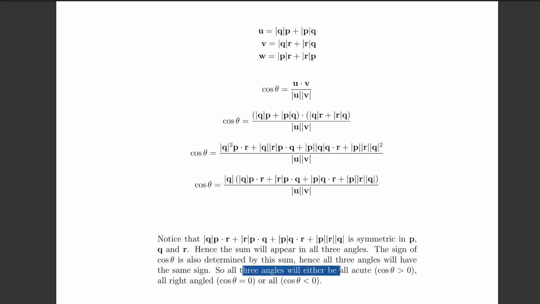So that means that all three angles will either be acute, right angled, or all obtuse. So yeah, that is kind of tricky to figure out, but once you know that's the trick, then it's not too bad.